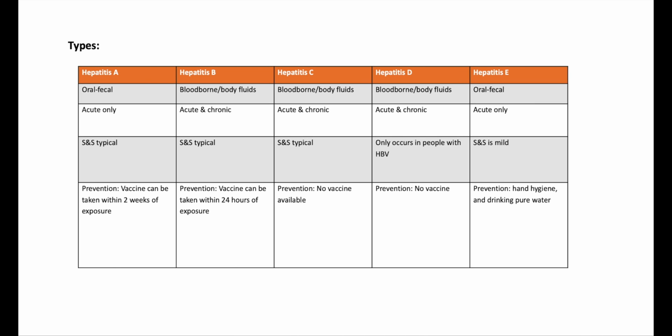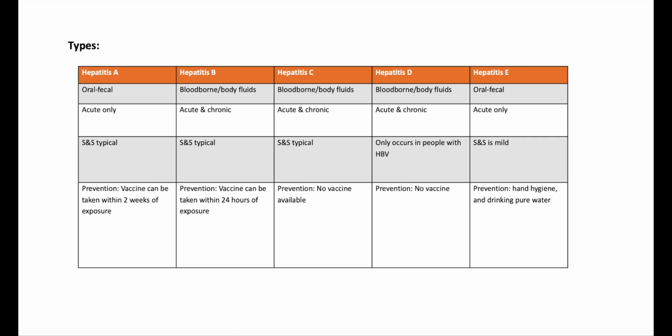Types of hepatitis and their comparison: hepatitis A, B, C, D, and E. For hepatitis A, the transmission is oral or fecal. It's acute only, which means that your immune system will fight off the infection.